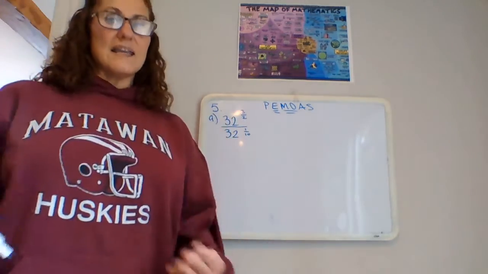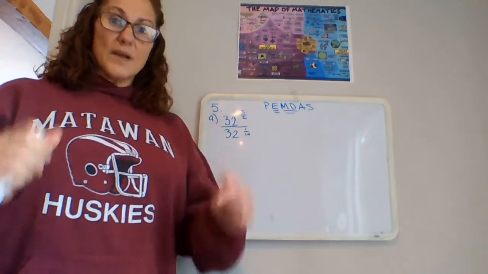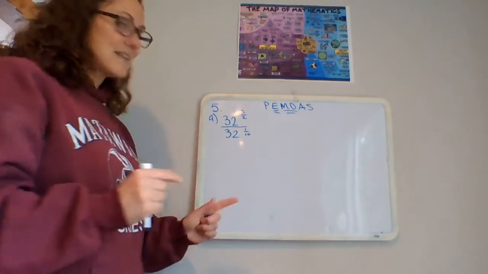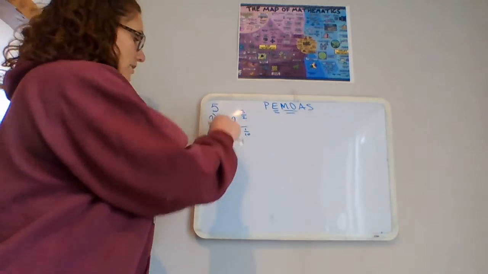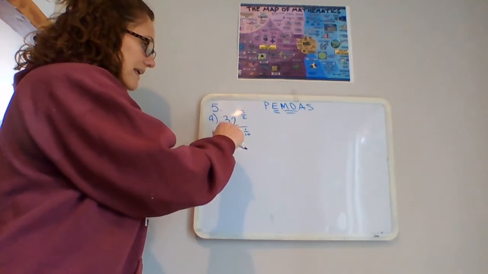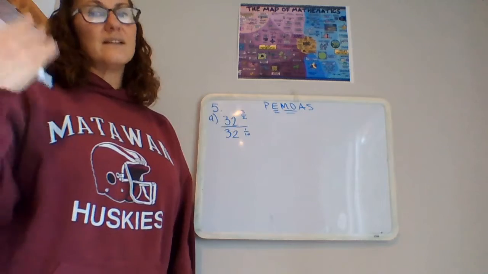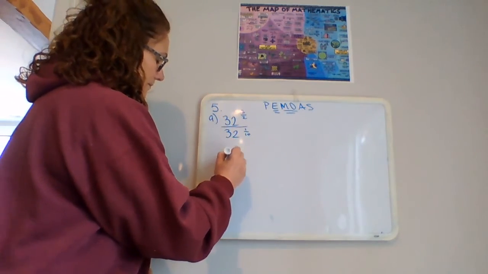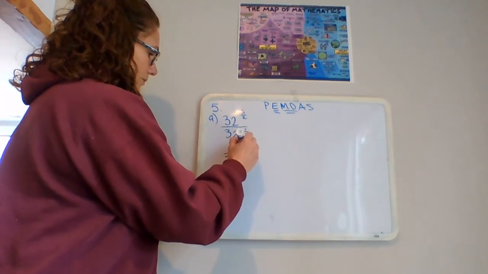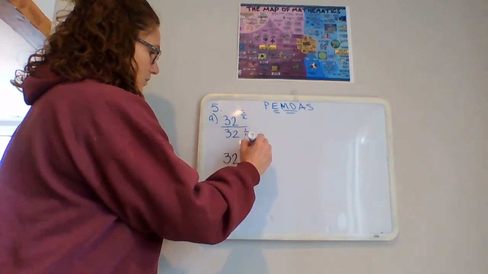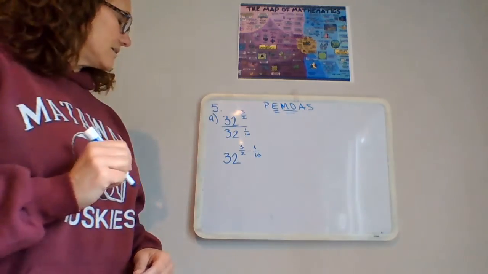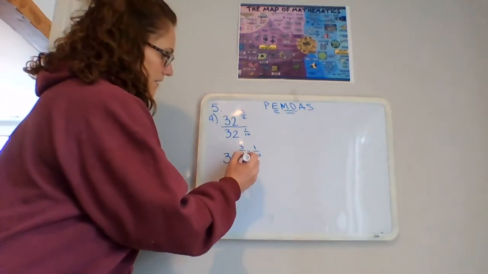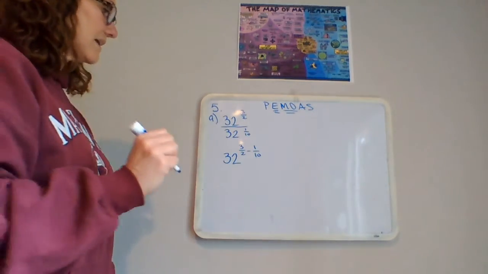So since I can't do anything with those numbers, what I'm going to do instead is follow my rules of exponents. Well, my rules of exponents say if the bases are the same and they're dividing, you subtract the exponents. So the base will remain 32, but you're going to do 3/2 minus 1/10. Then you're going to get a common denominator. The common denominator for 2 and 10 is 10.